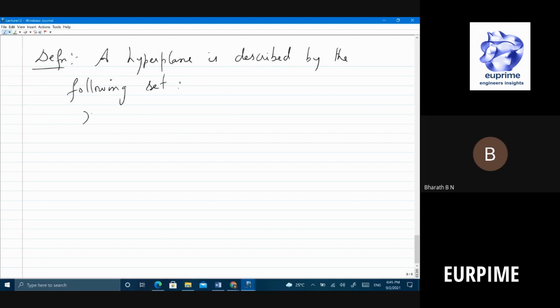What is that? I'll just say hyperplane, which is all those points in Rn such that A transpose x equal to b. This is the hyperplane. Maybe I'll write A comma b here to describe the hyperplane, the parameters A and b. Is that fine, everyone? This is the hyperplane.